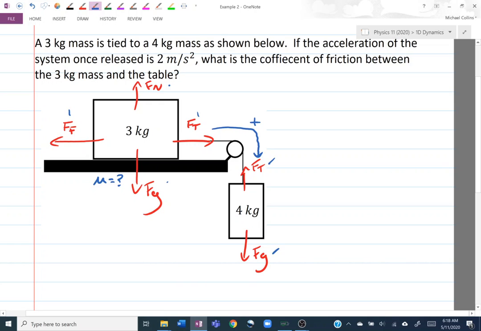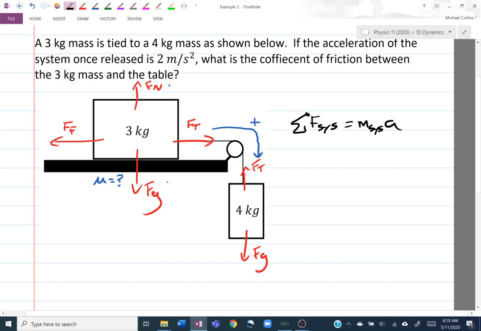FN and FG are perpendicular to the plane of motion. So when I look at the sum of my forces on my system, the sum of my forces on my system is going to be equal to my mass of my system times its acceleration.